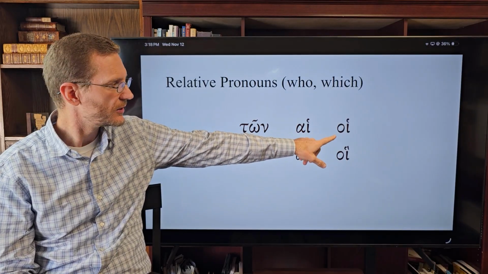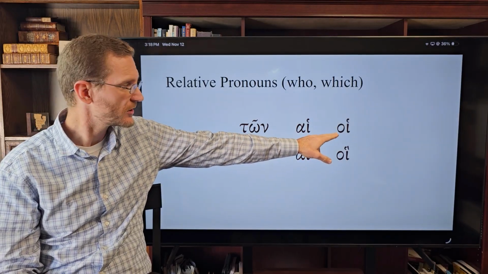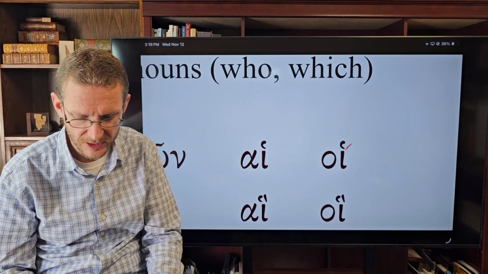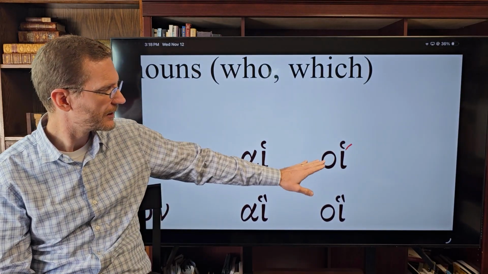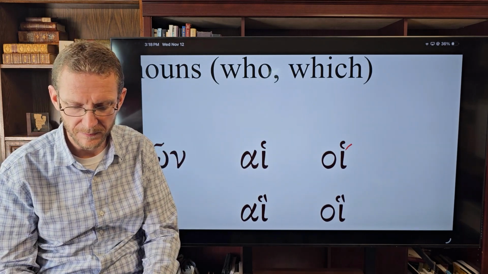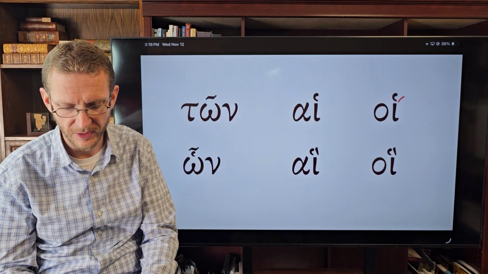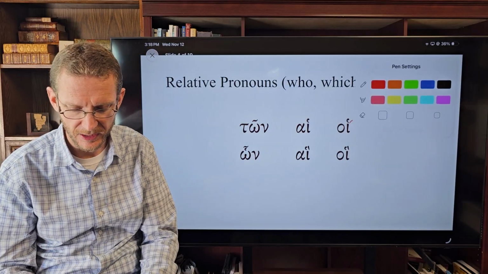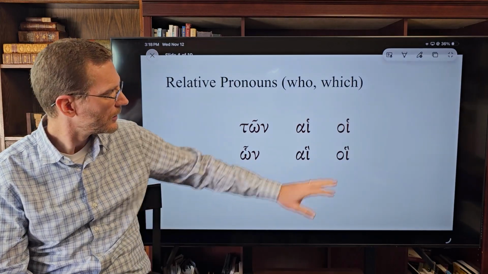Now, that could be a relative pronoun if we just added one more mark to it, like this, we would have a relative pronoun. But without that extra mark, we have just the definite article.